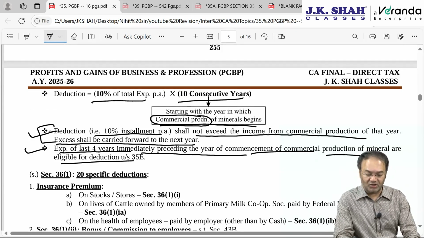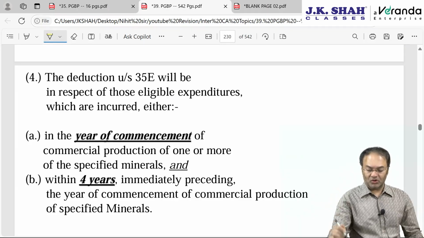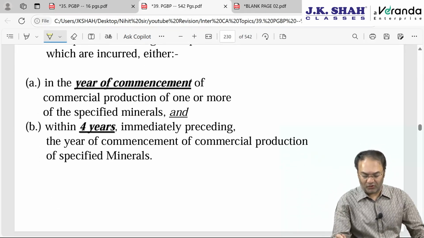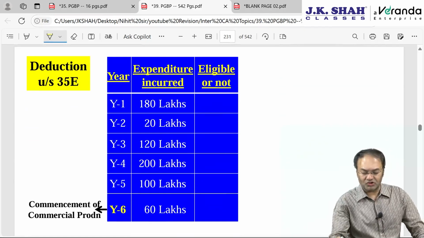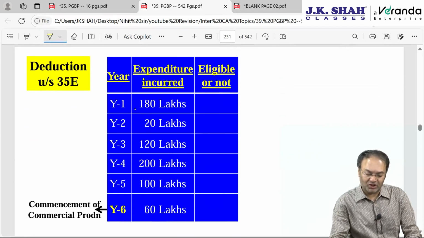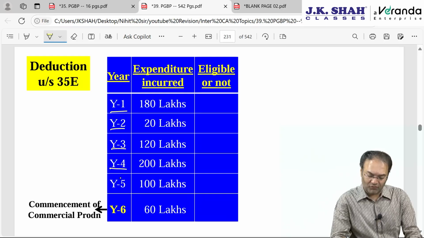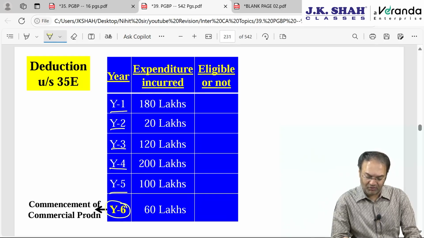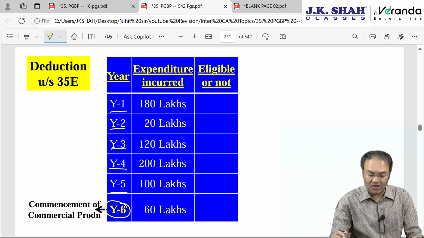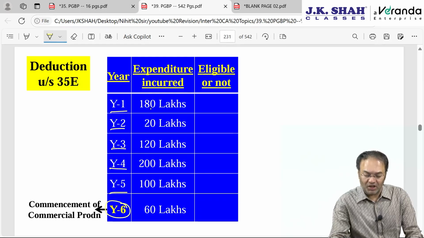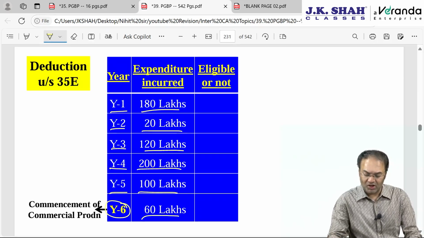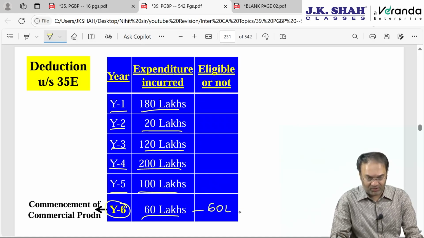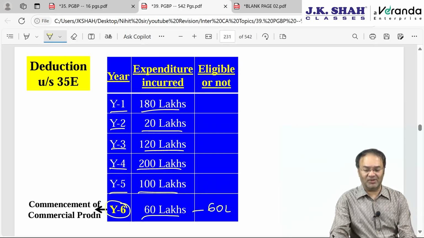Let's try to understand these 2 points. Which 4 years? First of all, 4 years immediately preceding the year of commencement of commercial production. Supposing expenditure is incurred in year 1, 2, 3, 4, 5, 6. The 6th year is the year in which commercial production begins. Expenditure incurred is 180 lakhs, 20 lakh, 120 lakh, 200 lakh, 100 lakh and 60 lakh. Once the commercial production begins, this 60 lakhs will entirely be eligible.